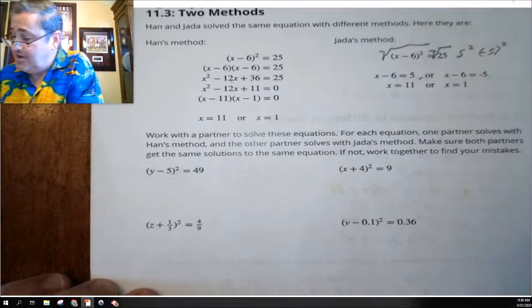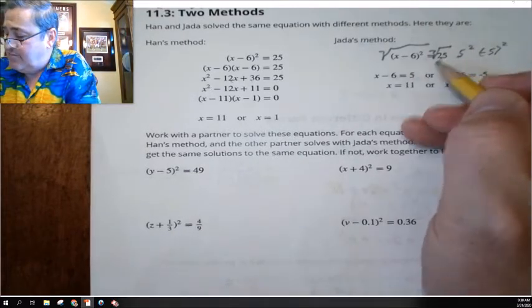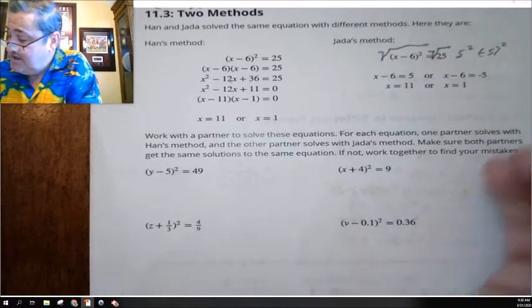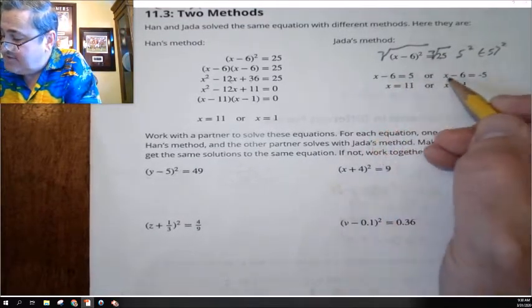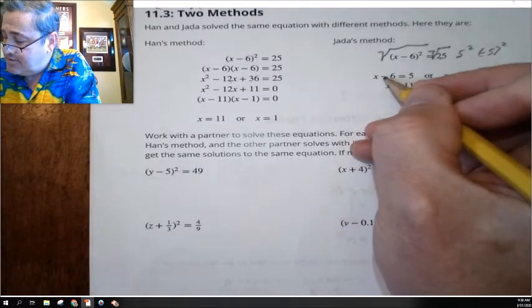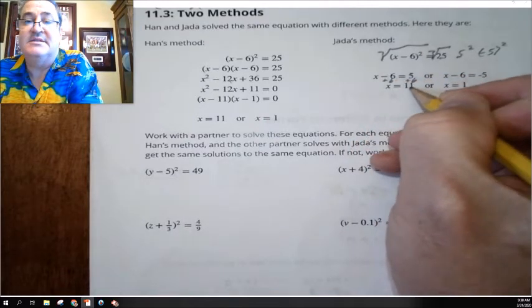So this is another way to do this. If you can take this number and break it into the two possible square roots that it has, either x minus 6 equals 5 or x minus 6 equals negative 5. So if it equals 5, when you add 6 to both sides, 5 plus 6 is 11.